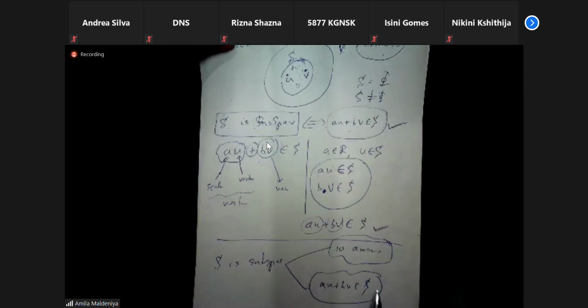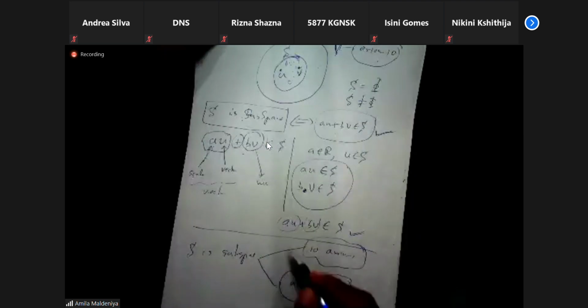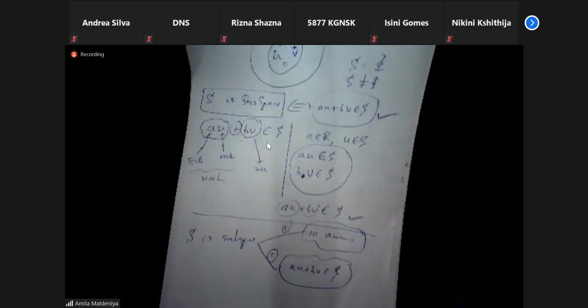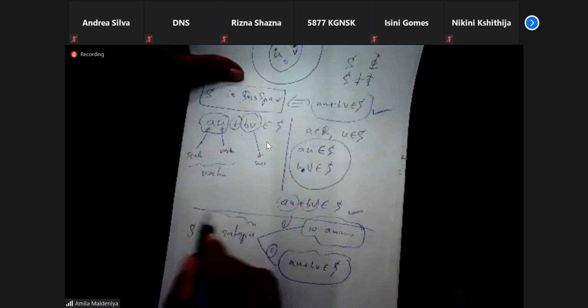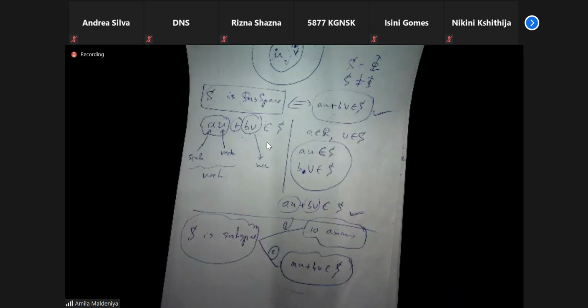Which one is easier? The second one. So if the question is to prove subspace, just prove this one. That's very simple. That's the importance of theorems: they make calculation easier and reduce the time.